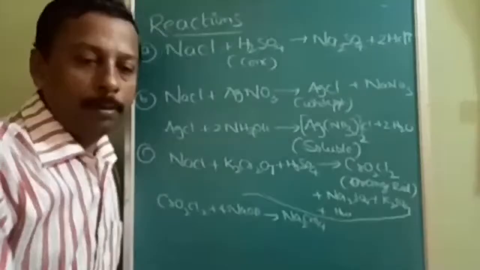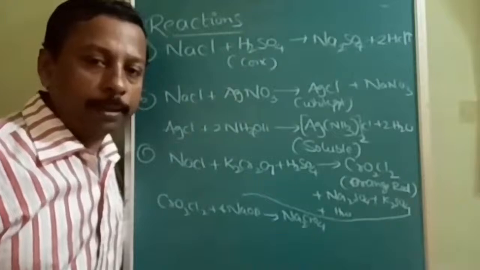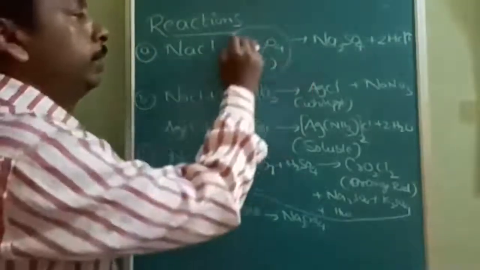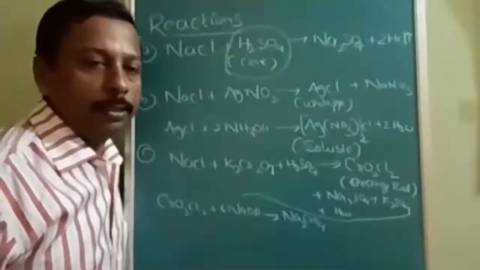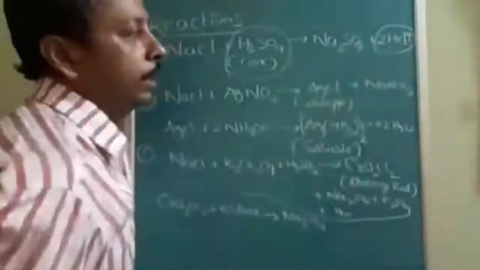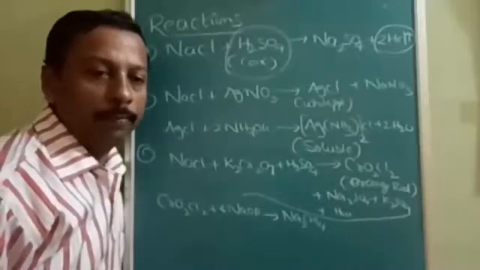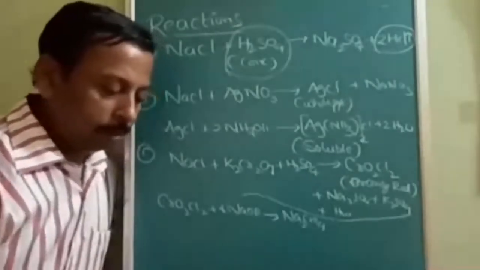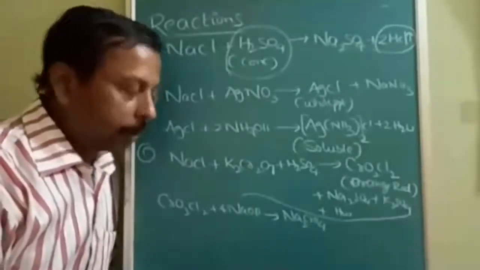Here are the reactions related to this topic. First, NaCl when treated with concentrated sulfuric acid: the fuming colorless gas evolving is HCl. That is the reason for the first observation, the colorless fuming gas.